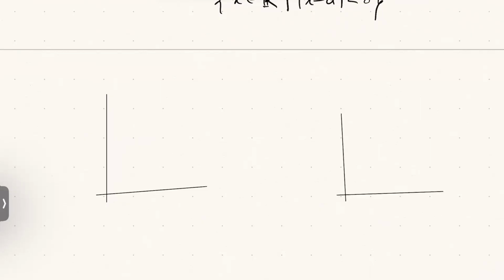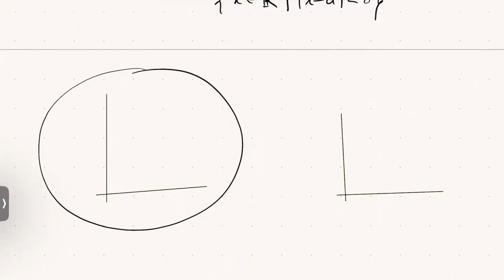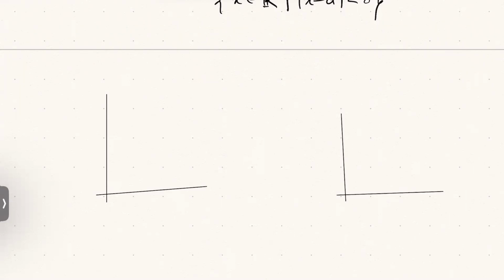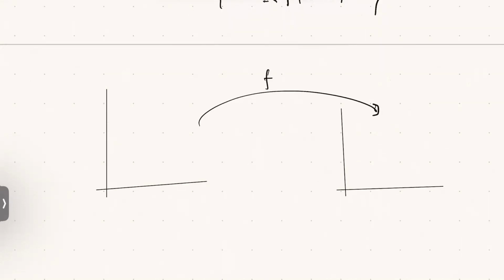Say I have a function from this set to this set. So this is the function f.